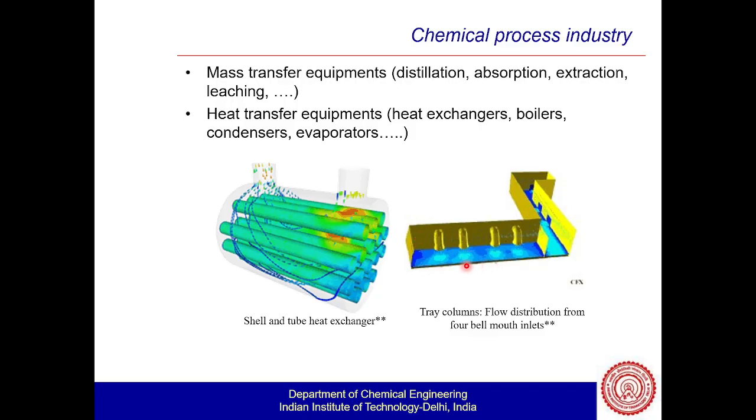These are conventional tray columns inside, which you can see from here. These are tray columns found in mass transfer equipment where the flow distribution is happening from the pore to the mouth inlet. These kinds of things are present in the industry. So in mass transfer and heat transfer equipment, these are the places where we use computational fluid dynamics to get a good picture of what is happening there.